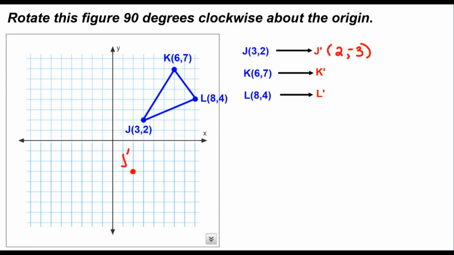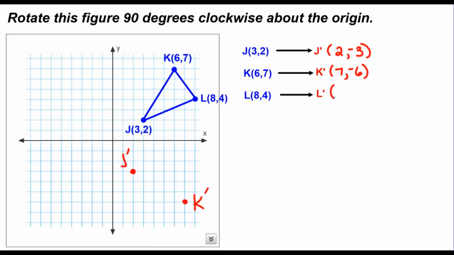And if I reverse the ordered pairs in K and make the new Y value opposite, that puts me at 7, negative 6. 1, 2, 3, 4, 5, 6, 7. 1, 2, 3, 4, 5, 6. That is going to be my new K prime.